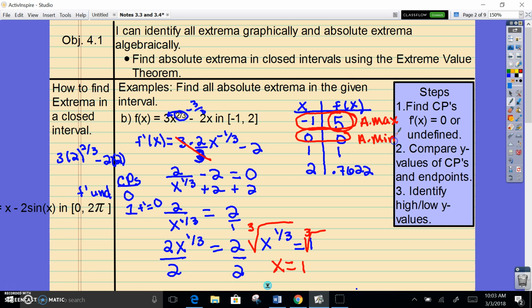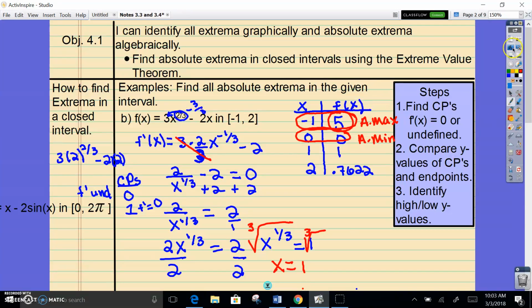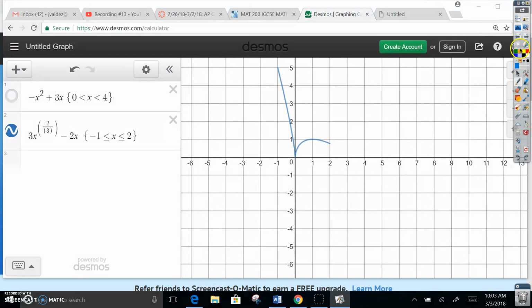Just to give you a visual of this, I'm going to go over to Desmos. And here's the graph. I've graphed it and I have it restricted from -1 to 2. And you can definitely see here where that absolute max ended up being that endpoint. And I did have another endpoint here, but it wasn't quite as low as the 0.